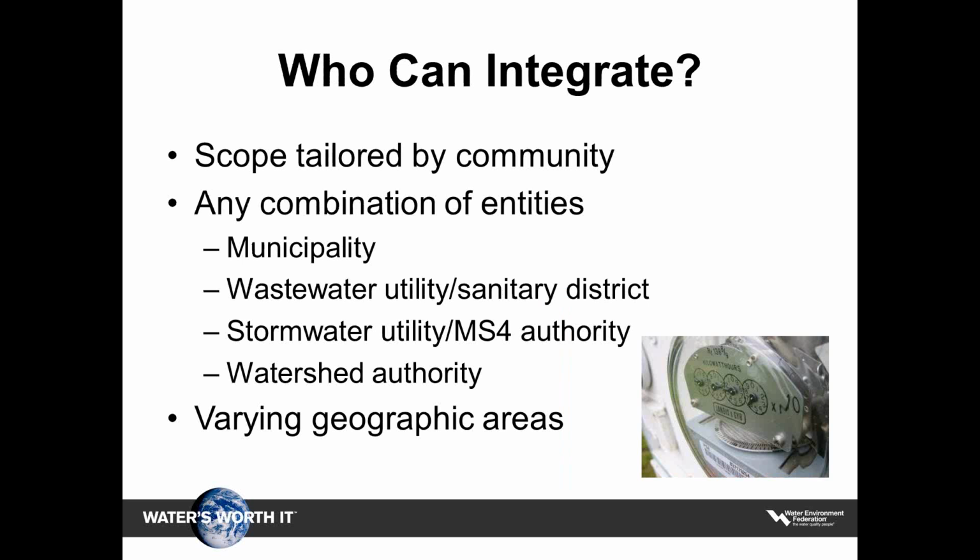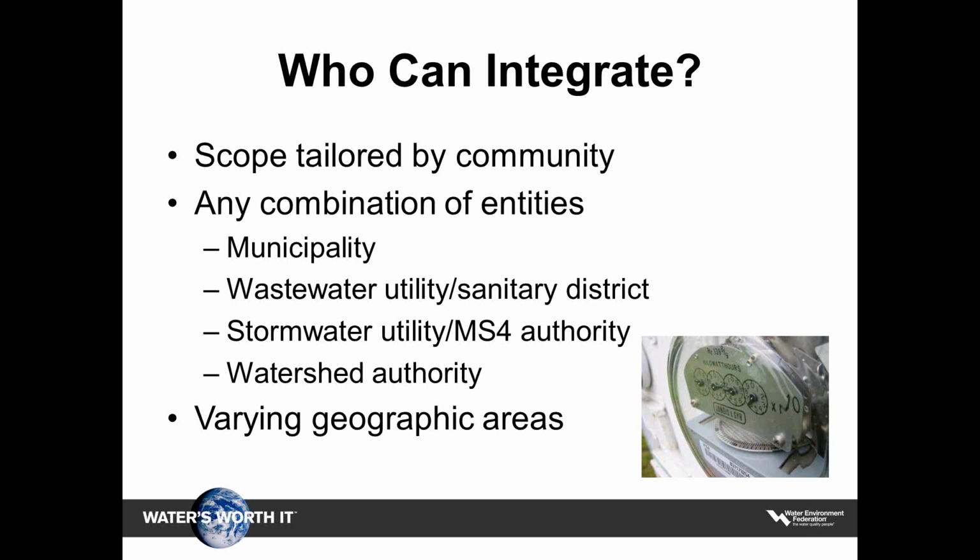Now I'd like to talk about who can integrate. And this, again, as Chris mentioned, it can be tailored by community. Anyone responsible for implementation of Clean Water Act obligations on behalf of a community can participate in an integrated plan. And it can be any combination. It just depends on what fits with your community and the issues that you are facing. It could be a city by itself.